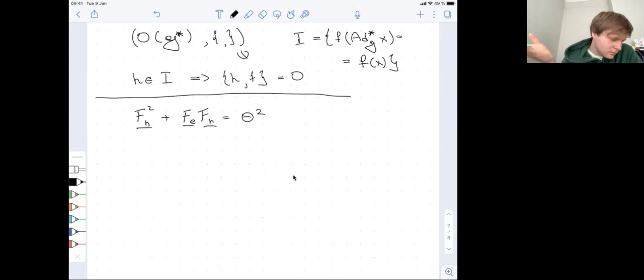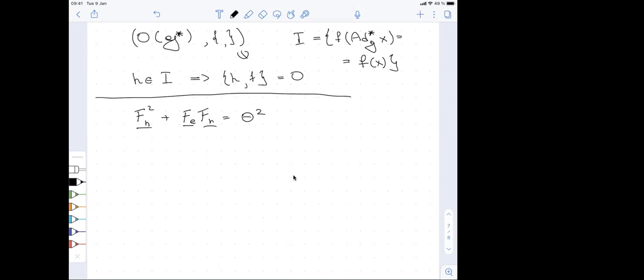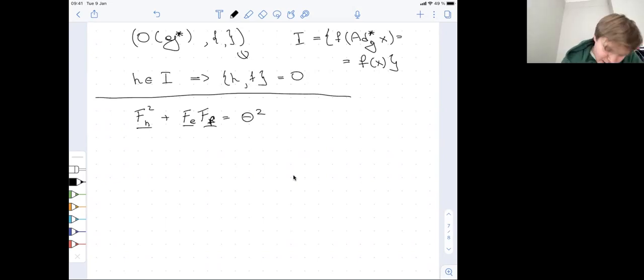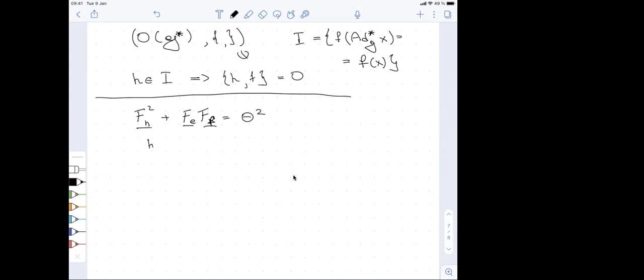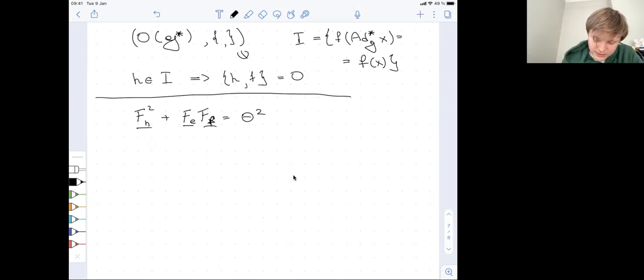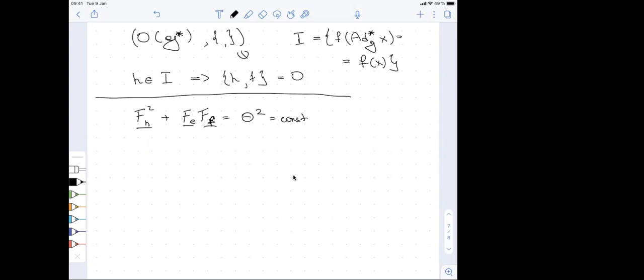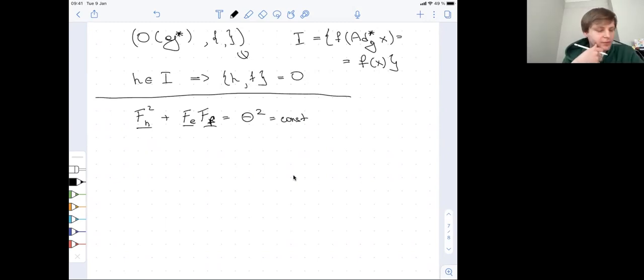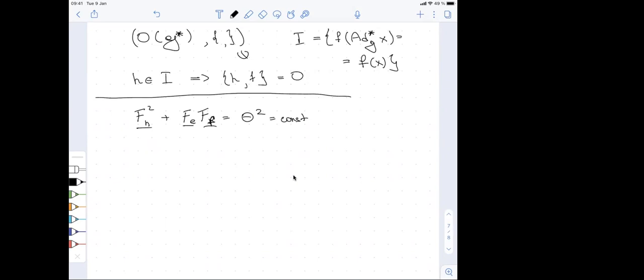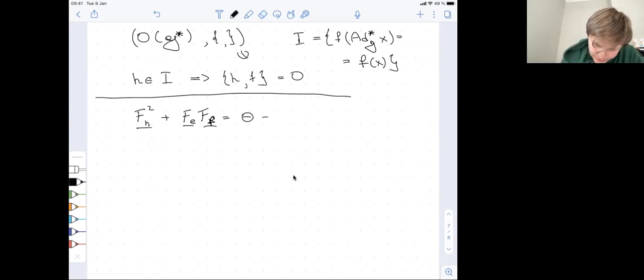And probably FF, I mean FF, not FH. And theta is the definition of theta. Theta is just a constant, right? Because it is constant on leaves. Now I fix the leaf, right? Or even let's use just theta, not theta squared.